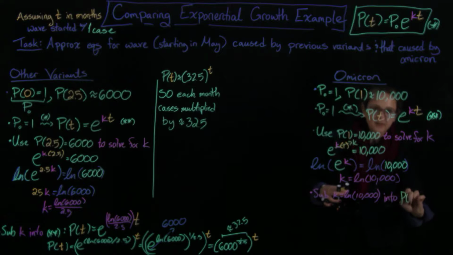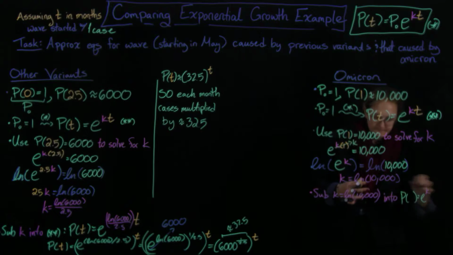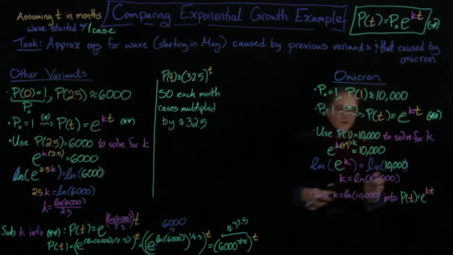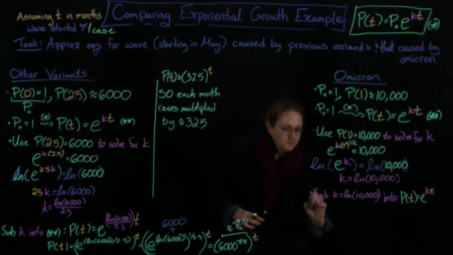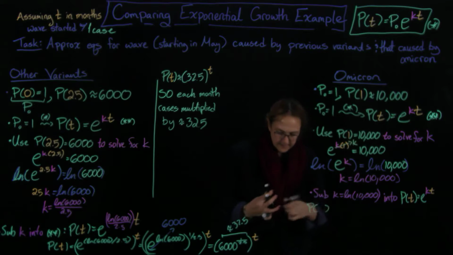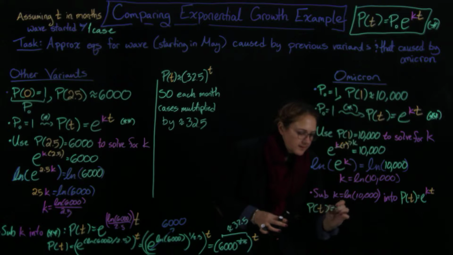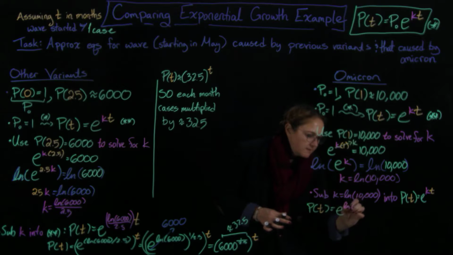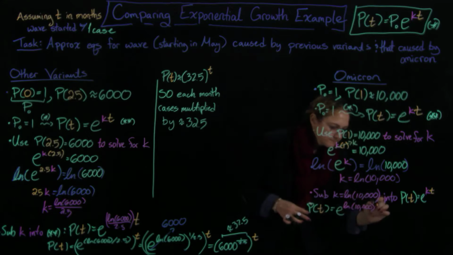So why don't I just write out the whole thing, so double star there. This is P of t equals e to the kt. Okay, so I'm going to get that P of t is going to equal e to the natural log of 10,000 times t, right?